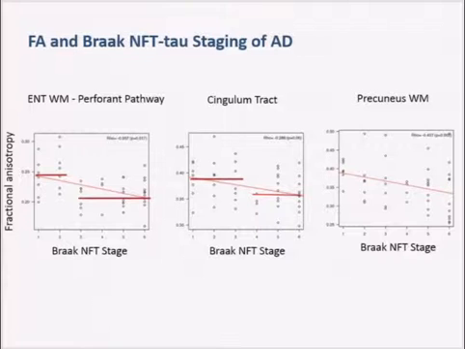So this will require other functional MRI studies, resting state fMRI studies, to understand why the precuneus is involved throughout the Braak neurofibrillary tangle stages, and why the structural change happens starting from the earliest and going on to the latest stages. And perhaps fMRI studies looking at functional connectivity in this region may explain some of these findings.